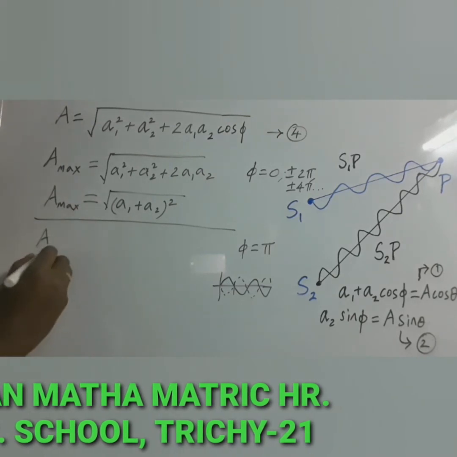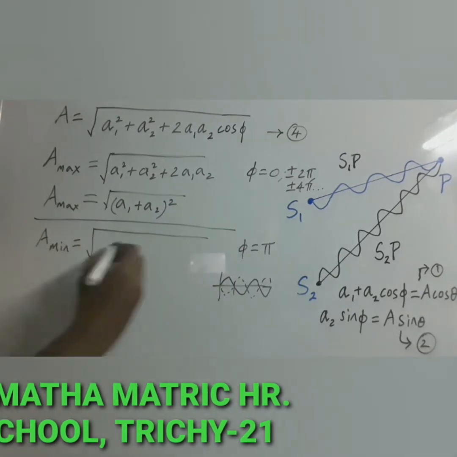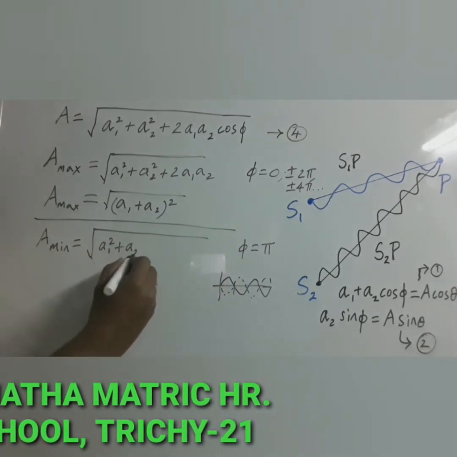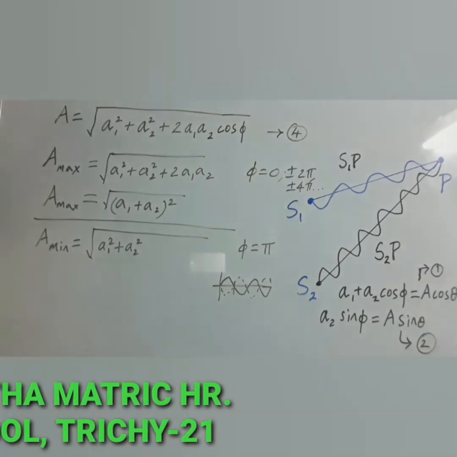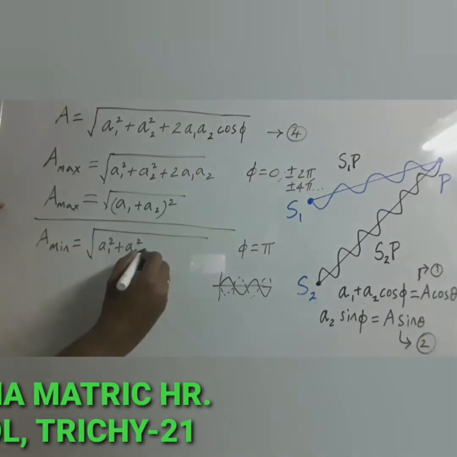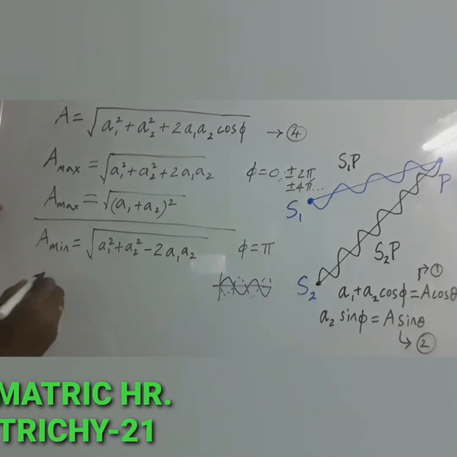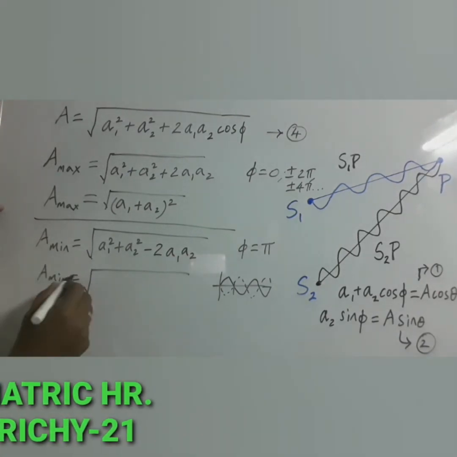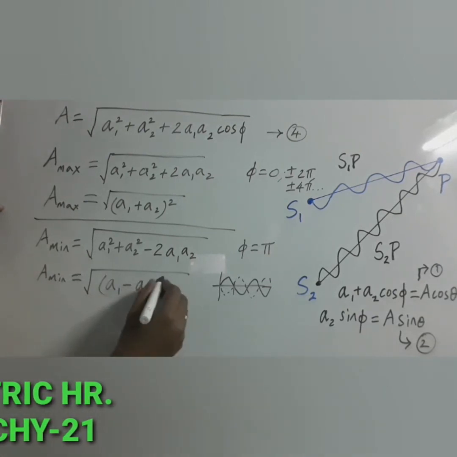So let us write the equation. Amplitude in this case will be minimum. Same thing, root of A1 square plus A2 square, but here you have to apply pi, cos pi, that is equal to minus 1. So this expression can be written as minus 2 A1 A2, which is shortened as root of (A1 minus A2) whole square.